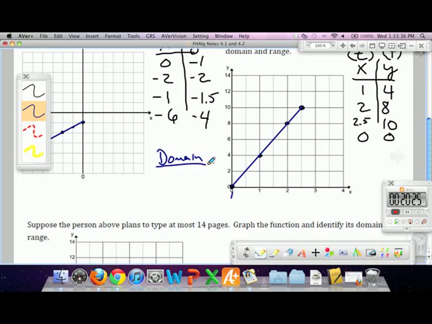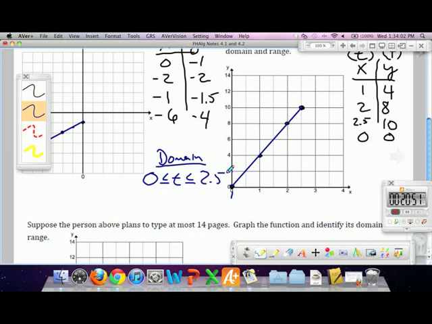What's the most you could type? Okay, so the amount of time has to be somewhere between 0 and 2.5, and we'll represent in between with this compound inequality. We saw this a while back. 0 is less than t, but it's also less than 2.5. T is somewhere in between 0 and 2.5.